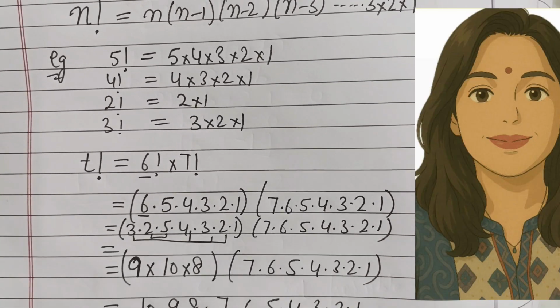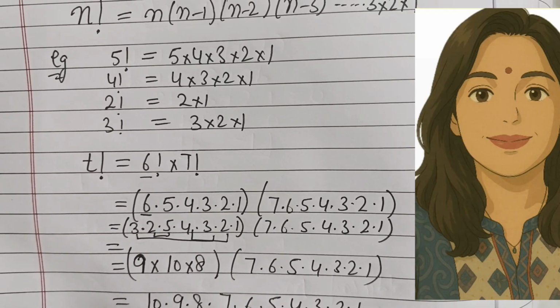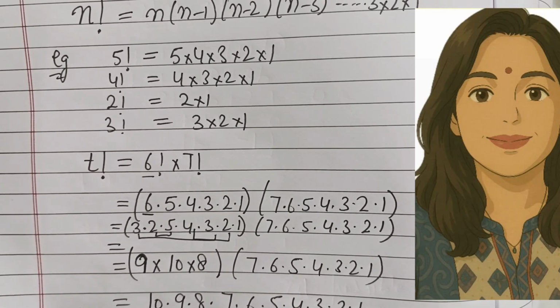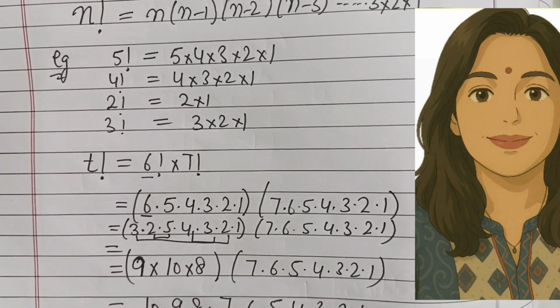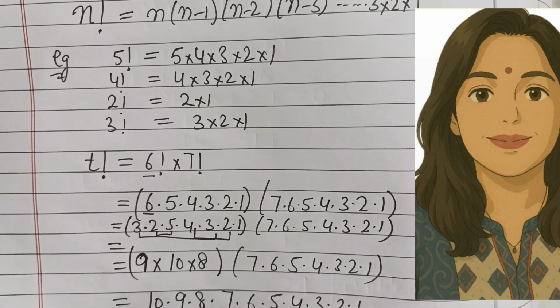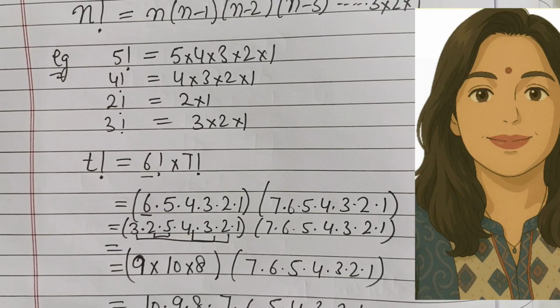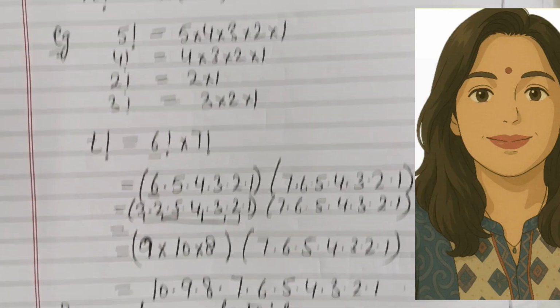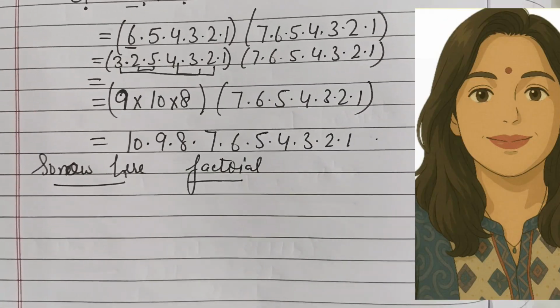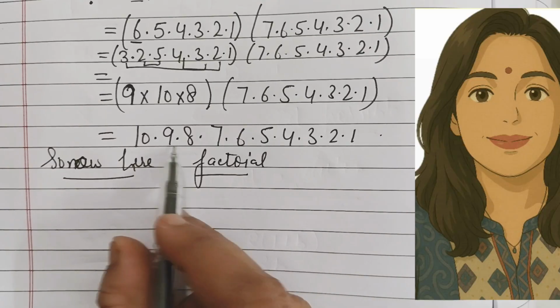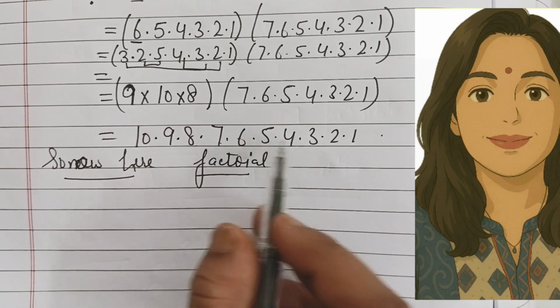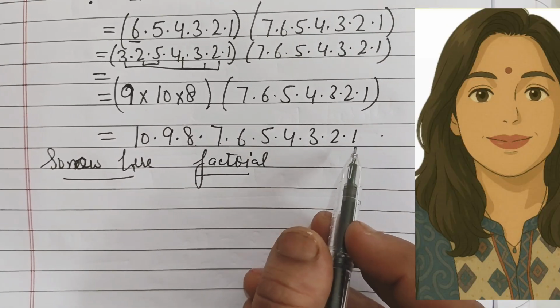Okay. Now from the definition of factorial, what is factorial? Factorial is the multiplication of numbers in decreasing order till 1. Okay. The multiplication 10 into 9 into 8 into 7 into 6 into 5 into 4 into 3 into 2 into 1.